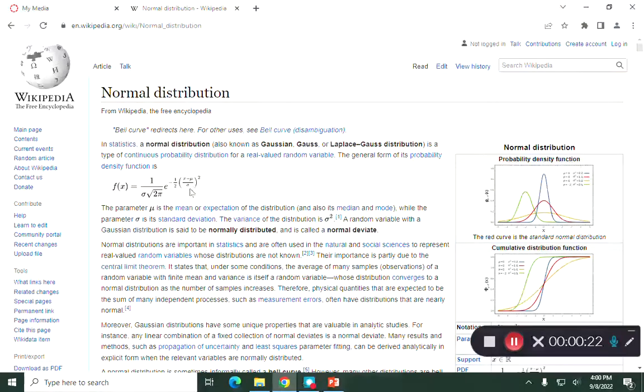X minus mean divided by standard deviation, take the square. This thing is called z-score square. And once you have a z-score square, split it in half and take the exponential and normalize, standardize by this standard deviation and square root of 2 pi, and you will have your normal distribution.